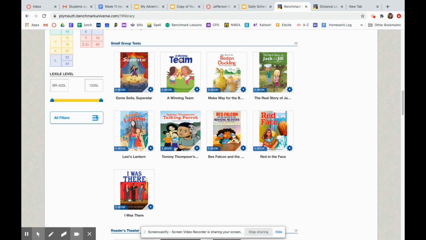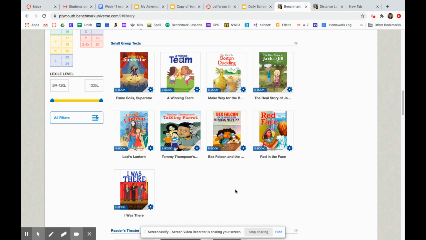I also have assigned you this one, and I hope you're reading through that, having a great time figuring out those characters. I think you get to rewrite a character into that story. So don't forget to use those illustrations that they already have in there to help you understand the text. That's what those pictures are there for, to support the text.